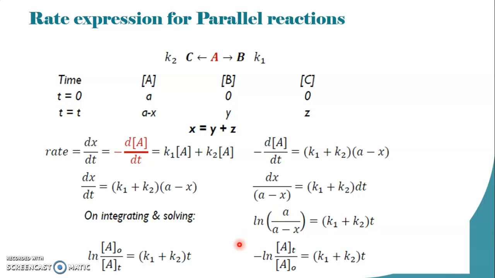So ln A0 by At is equal to K1 plus K2 into t, and taking the reciprocal, minus ln At by A0 is equal to K1 plus K2 into t.